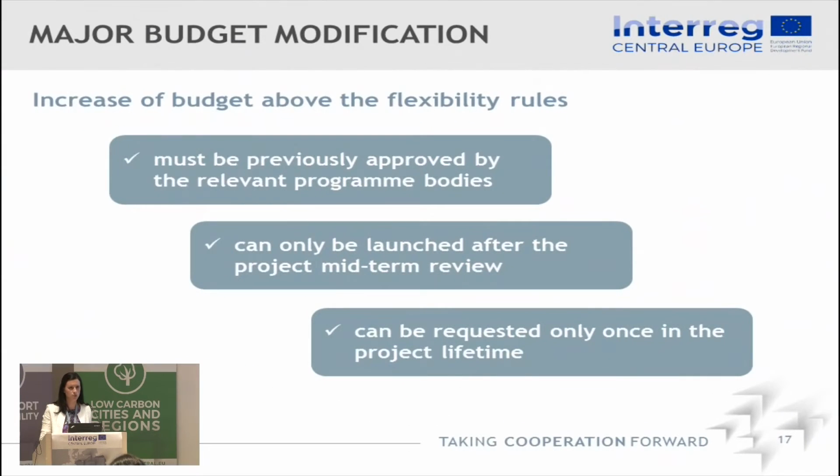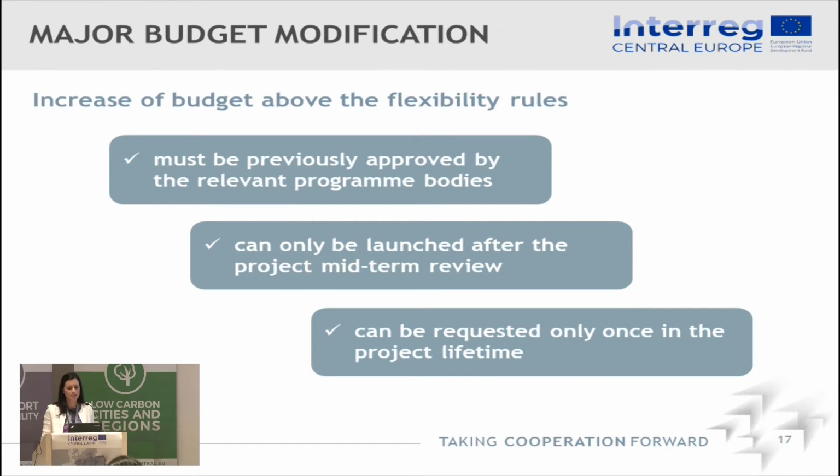So if you need to increase above these thresholds, you would need to request a major budget modification. And this major budget modification, as previously said, must be approved by the program bodies in advance. So as soon as you realize that there will be a need for a major budget modification, you need to inform the program bodies.